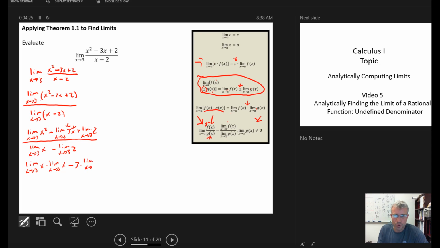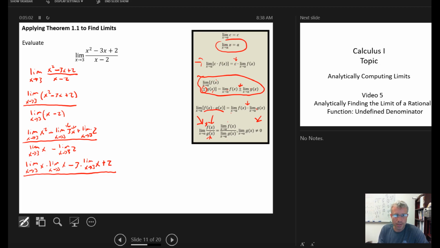as x goes to 3 of the function x, plus, here I have the limit as x goes to 3 of a constant. That means I get to apply this tool, which says if I want to take the limit as x goes to any real number of a constant, I just get the constant. So plus the limit as x goes to 3 of the constant 2 is just the constant 2, divided by, now in the denominator, I have the limit as x goes to 3 of x, which means I can use this tool: the limit as x goes to any real number of the function x is just the real number that you're working with.